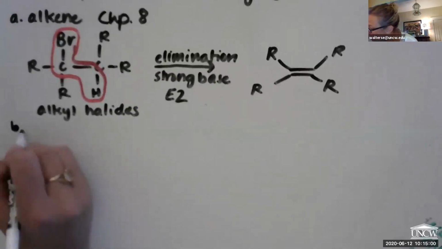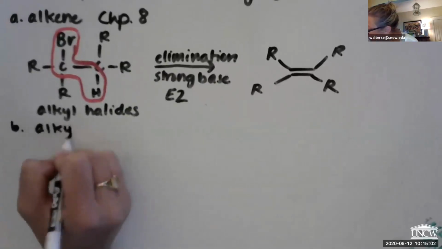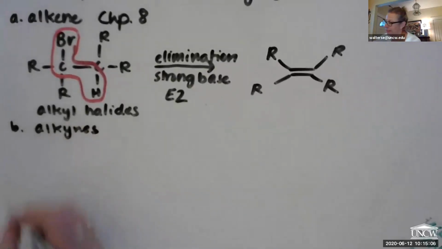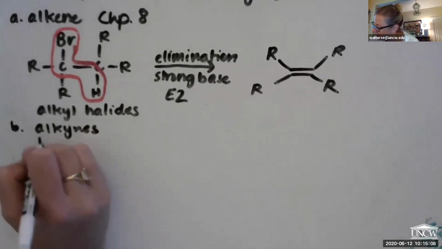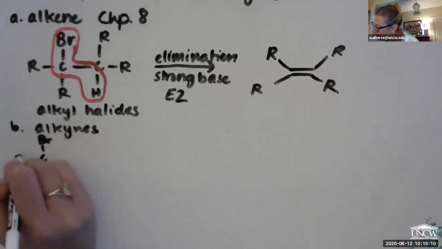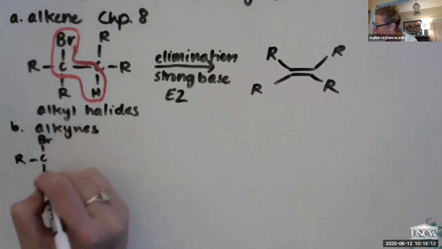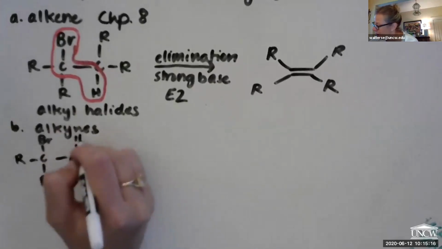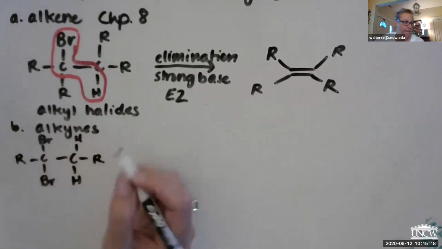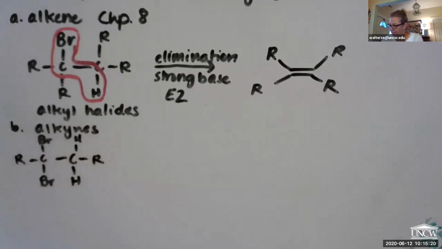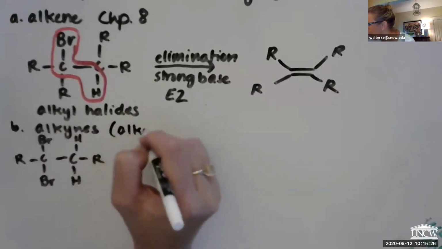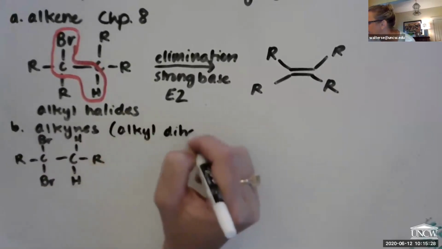Now for alkynes, you can start in 2 different ways. This is called a dihalide. So they're both going to use alkyl dihalides.